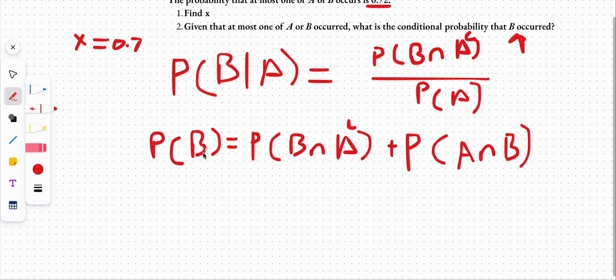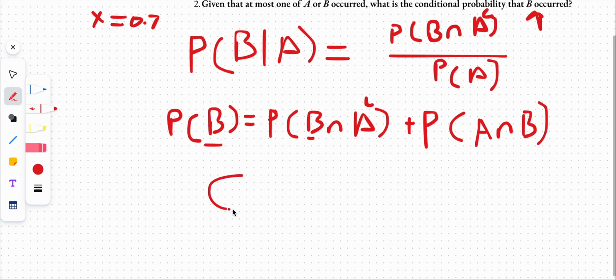You want to think about it in terms of a Venn diagram again. Let's say this one is B. The probability of this entire circle would be equal to the probability of B and A complement, which is this shaded area, and the probability of A and B, which is this area. So that makes sense.